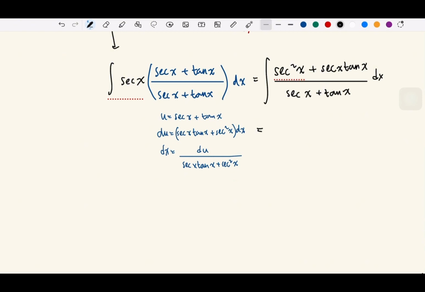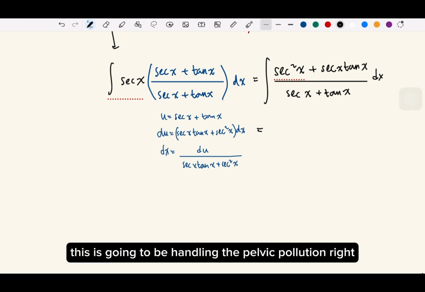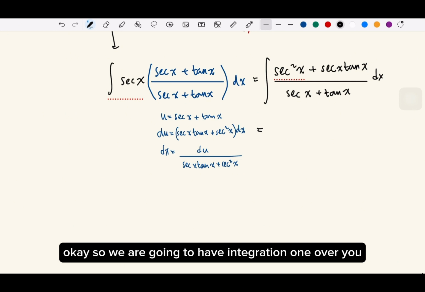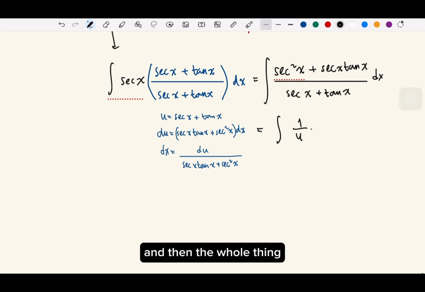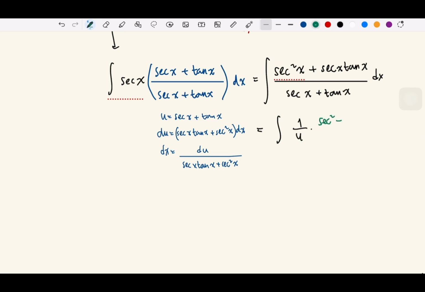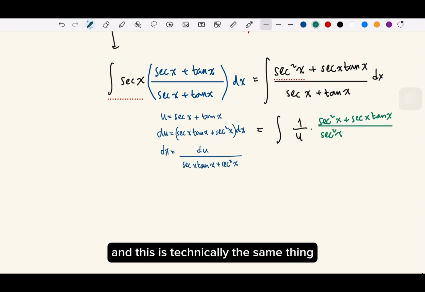So then this will fit with our equation, in which this is going to cancel the top, right? So we are going to have the integration of 1 over u, and this is technically the same thing.